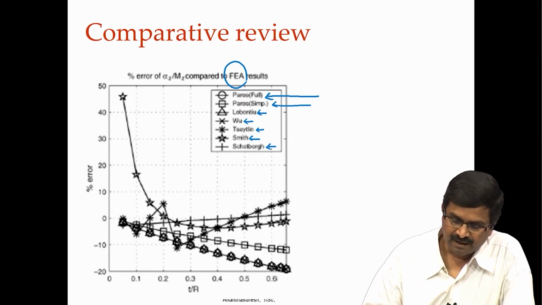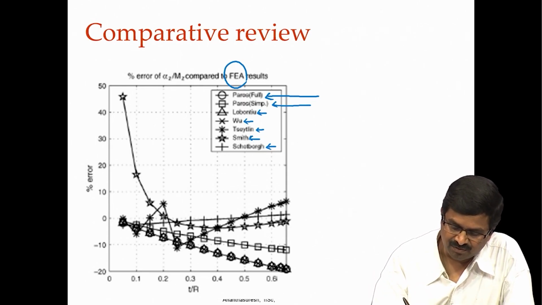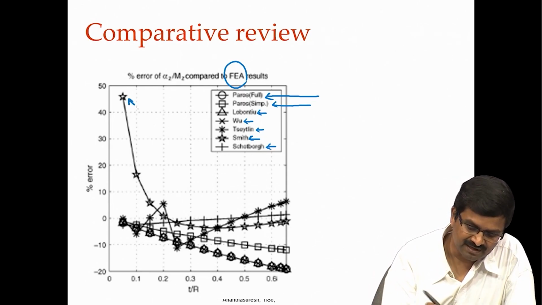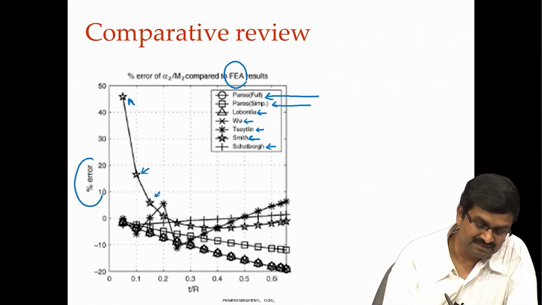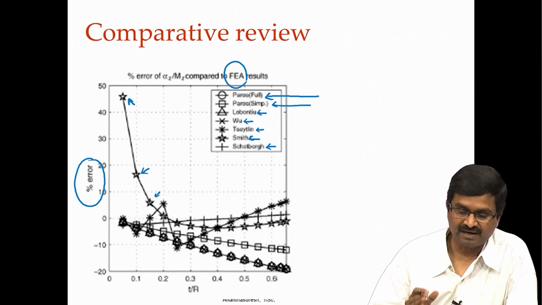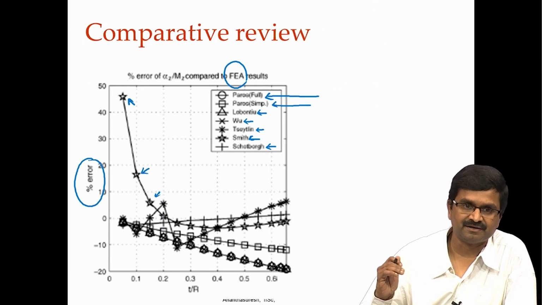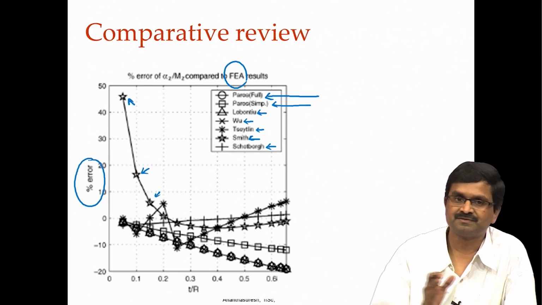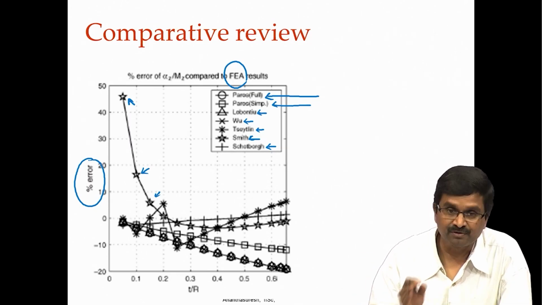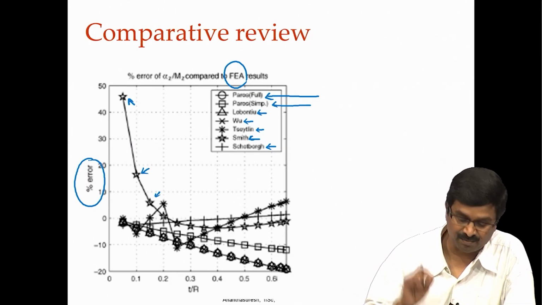If you see, let us look at the Smith one, these stars, it is way off. What we are plotting here is error. Finite element analysis is taken as the gold standard here, and that is perfectly all right. Today we have finite element analysis software that is very accurate if you take proper care.